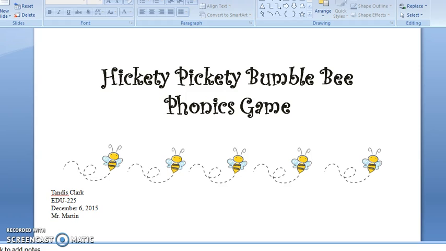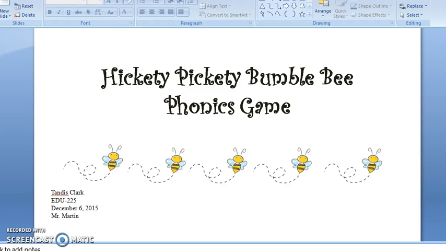And we call this lesson Hickety, Pickety, Bumblebee. Throughout this slideshow, you will see how the students interact using these phonics words. Also, this can be used at home to help them study as well as participate so they can get a clear understanding of the words.